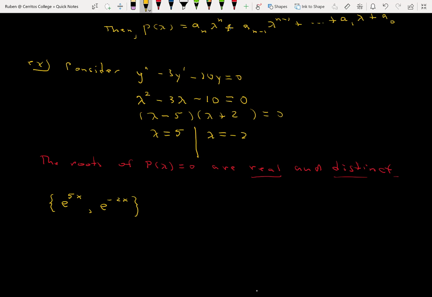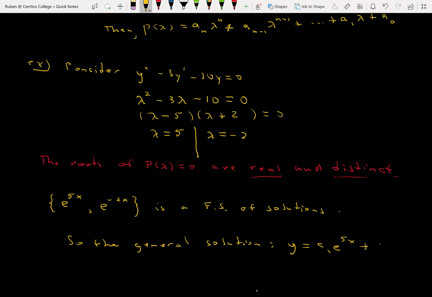So this is a fundamental set of solutions. So the general solution is y equals c1 e to the 5x plus c2 e to the negative 2x.